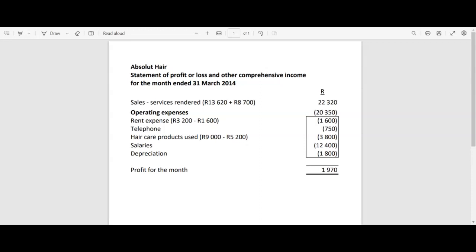So when it comes to expenses, they have to be shown as negatives. They have to be shown in brackets. Why? Because in our general journal and in our general ledger, we have a debit side and a credit side. But when we draw up our financial statements, we do not have a debit side or a credit side. So there's got to be a way in which we are going to distinguish between the two.